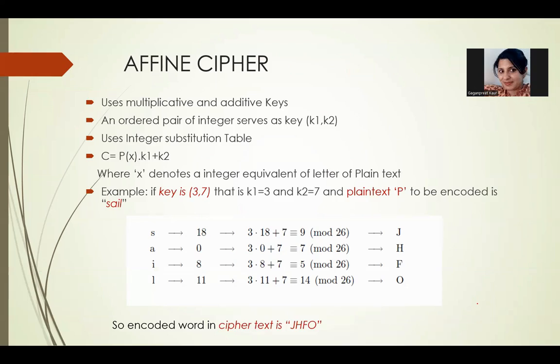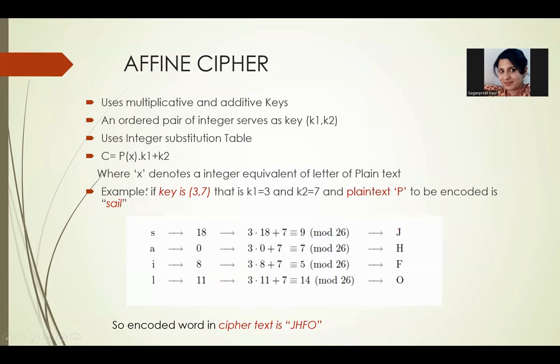So here the ciphertext is generated by the value C equal to the plain text integer equivalent times K1 plus K2. P here denotes the integer equivalent of the plain text character, a single character at a time.